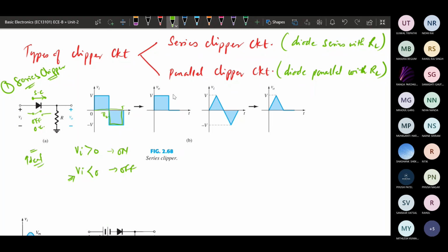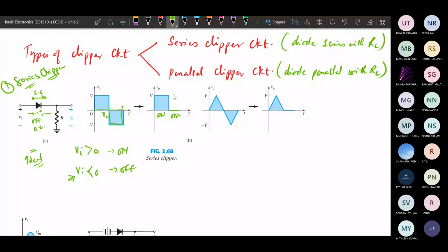Whatever voltage drop there is will be 0 because no current is flowing, and if no current is flowing, the voltage drop across the resistance will be 0. So the output we get is 0. In the on case, we get the same input at the output. In the off case, the output is 0. This is how we shape the circuits.